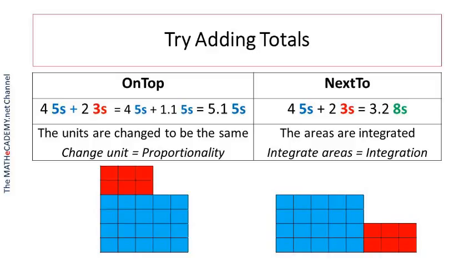To add next to, the stacks and their areas are integrated, which is called integration. Counting in tens only, you don't need to change the unit, and you cannot add next to. So you will not meet proportionality or integration or its reverse, differentiation, at an early age.